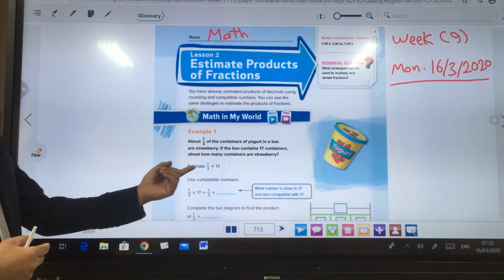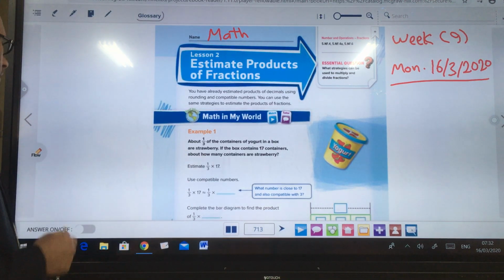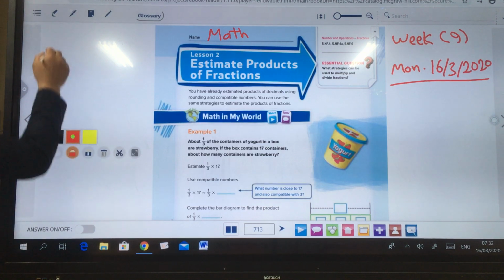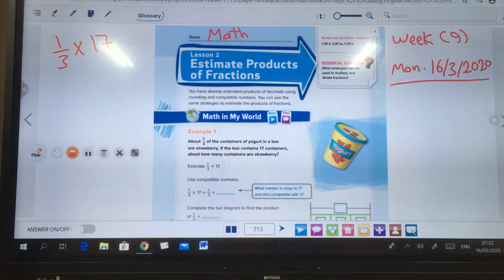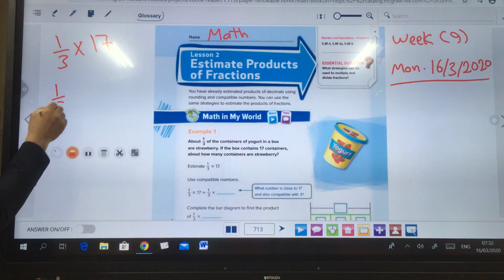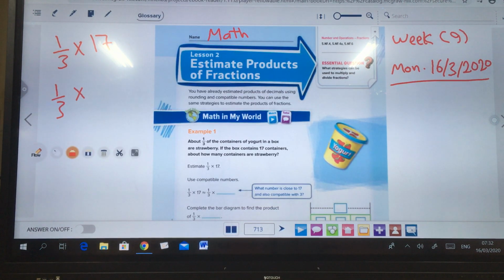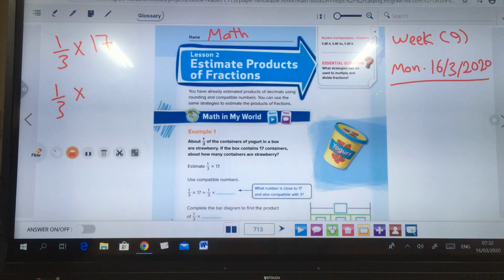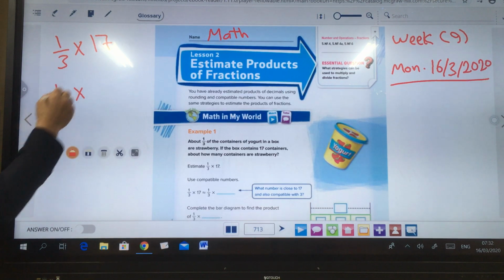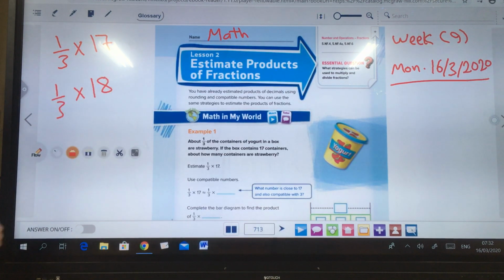How to estimate 1/3 times 17. 1/3 times 17, which is the number closer to 17 and divisible by 3? Yes, excellent, 18.